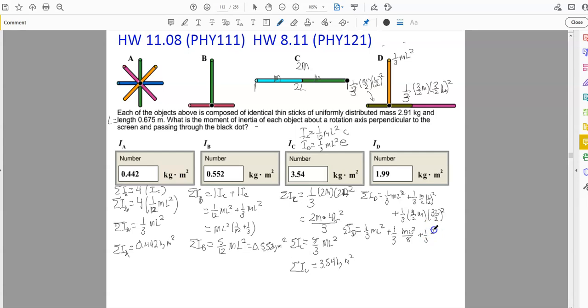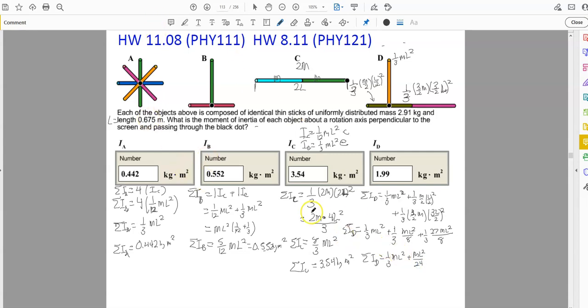So this is going to be 27 ML squared on the top, and 8 on the bottom. So the total moment of inertia at D is 1/3 ML squared plus ML squared over 24.